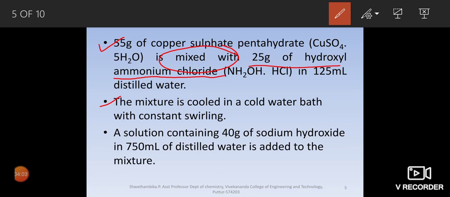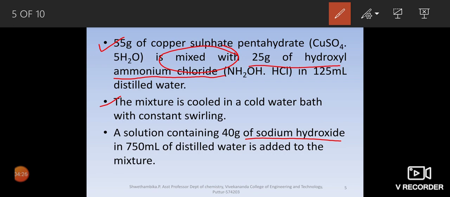So here the mixture must be cooled enough, and then always we have to go for swirling, and then we have to go for addition of a sodium hydroxide solution. This is considered to be reagent C. That is, first one copper sulfate, second one hydroxyl ammonium chloride, and third one sodium hydroxide.